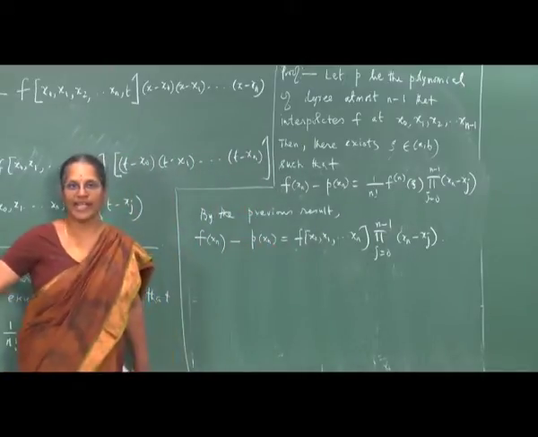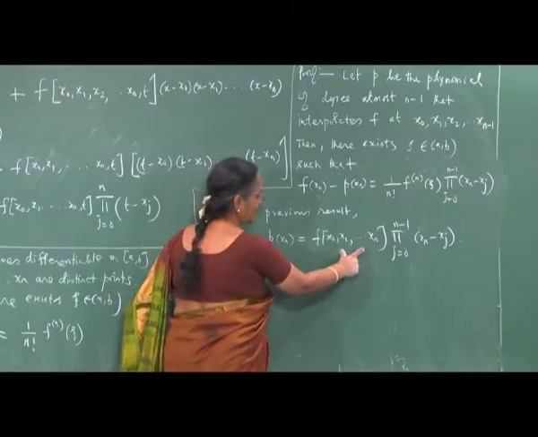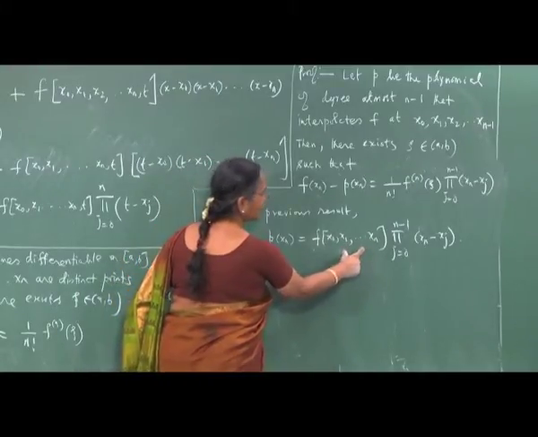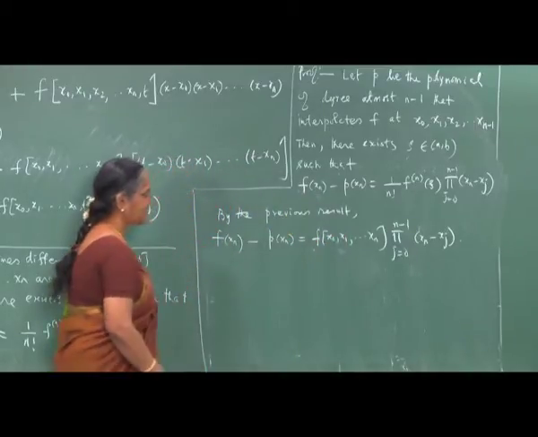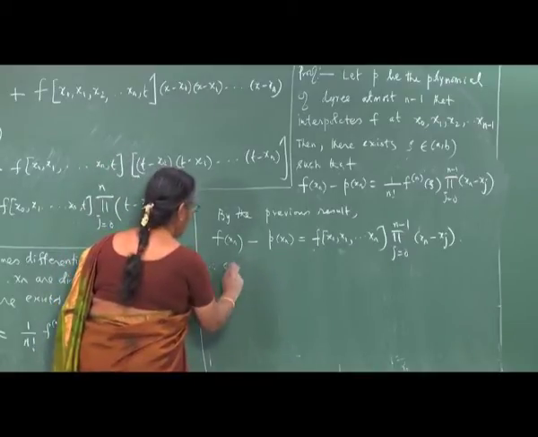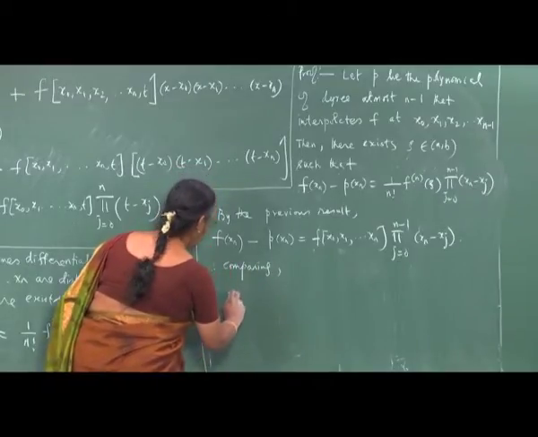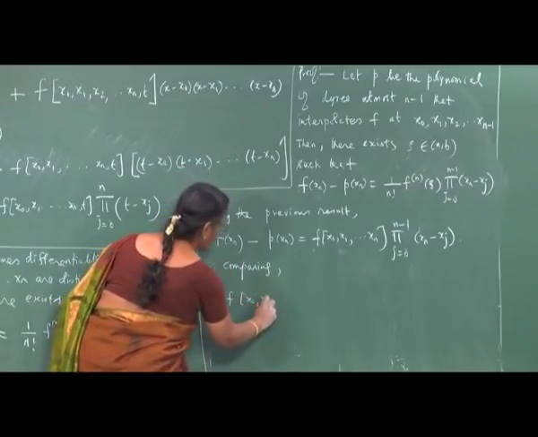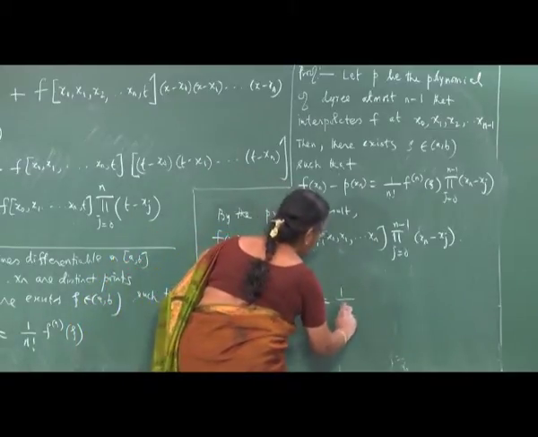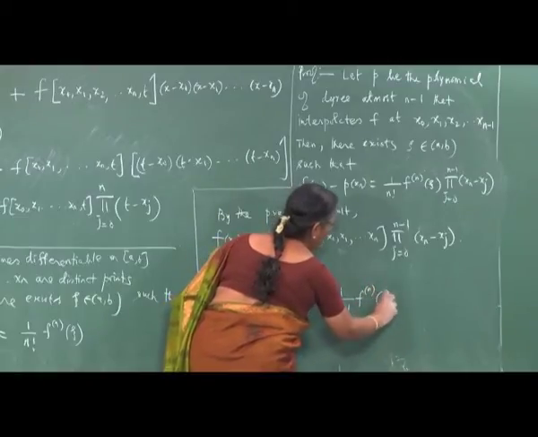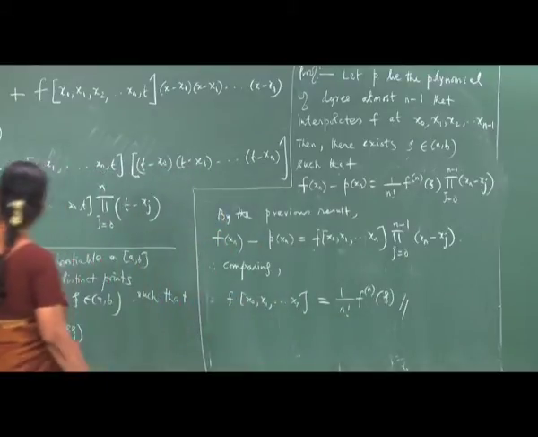The previous problem tells me the error in interpolation in terms of the divided differences of order n as this. The left hand sides are the same, they give you the error at the point xn, and therefore comparing the two results we show that f of x0, x1 etc. xn, the nth order divided difference is 1 by n factorial into nth derivative at psi, and that is what we are asked to show.